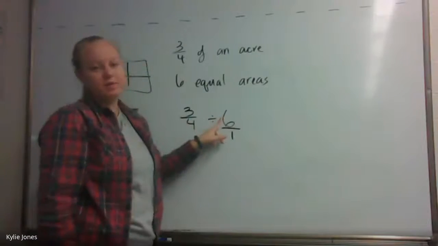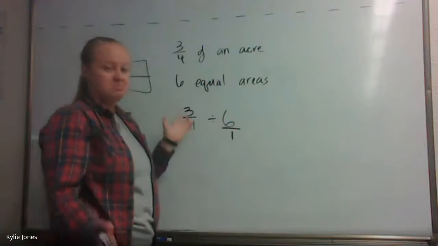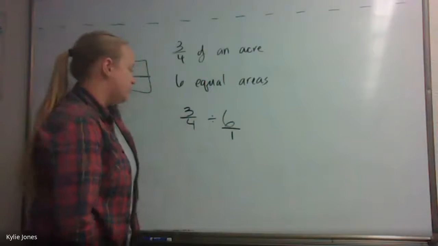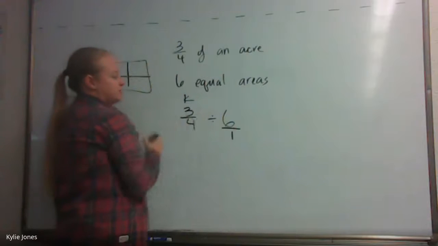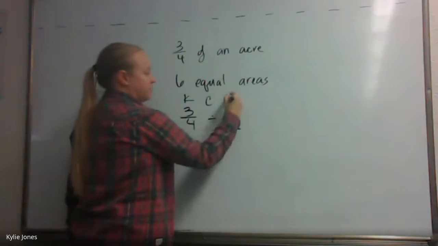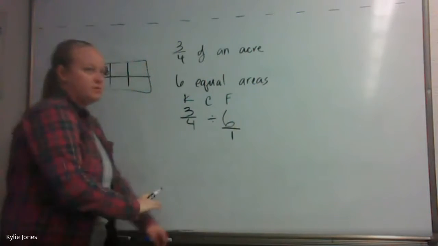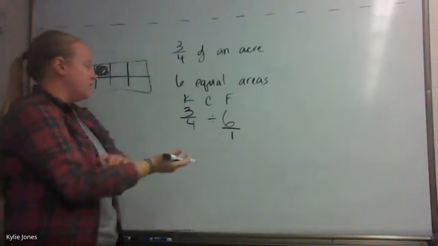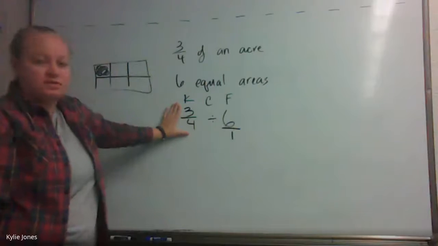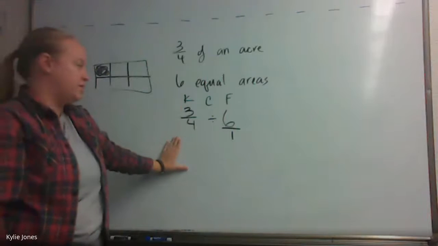To make a whole number a fraction, just put it over 1. And you're good. Now we can do our keep, change, flip. Keep this the same, change division, and then flip that problem. So if I'm keeping 3/4 the same, what's it going to look like on my next line?